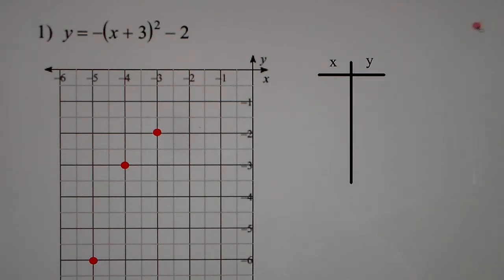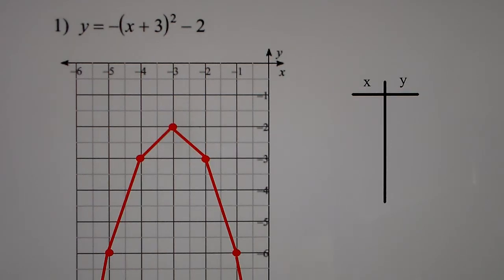Now we also got to plot the point negative 2, negative 3, and negative 1, negative 6. And we have ourselves our nice little parabola. We connect them up. They get nice and curvy. We have a parabola. We graphed a parabola given vertex form. Let's do another one.